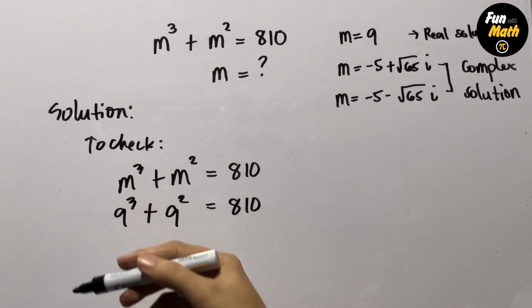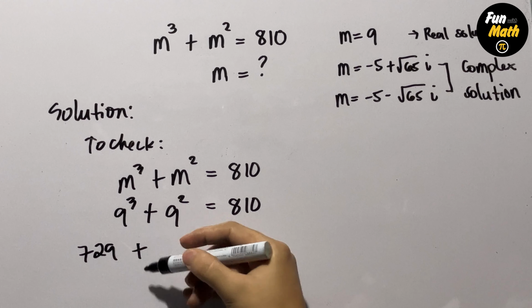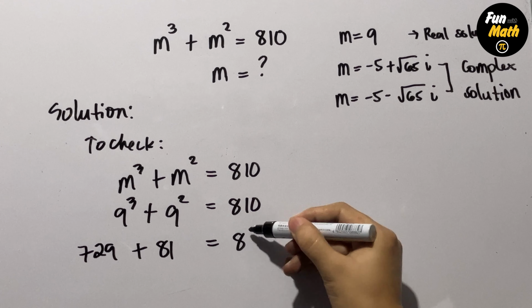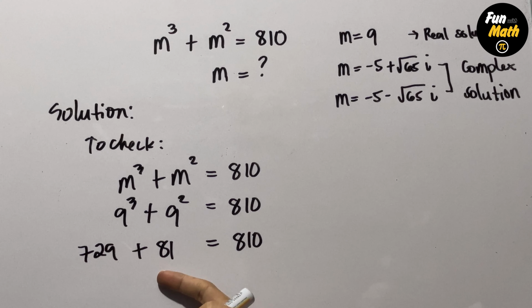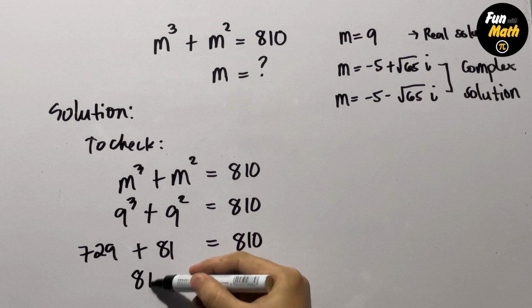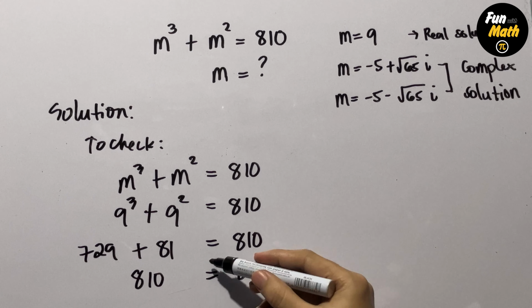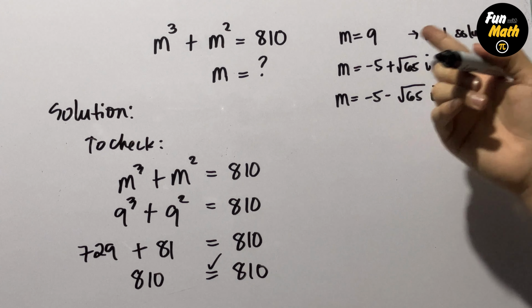So 9 cubed is equal to 729 plus 9 squared, which is 81, equals 810. Now 729 plus 81 is 810, equals 810. So this is equal, which means our real solution is correct.